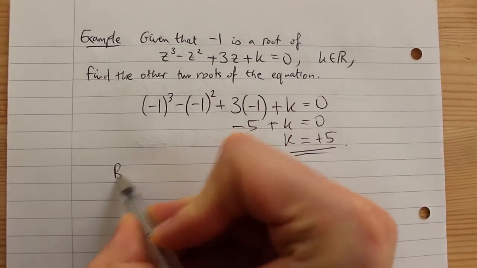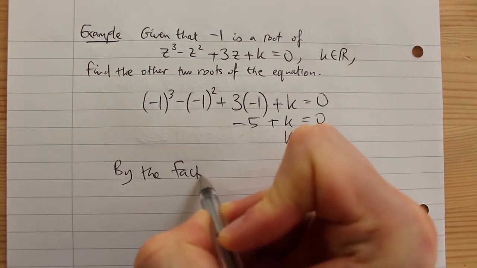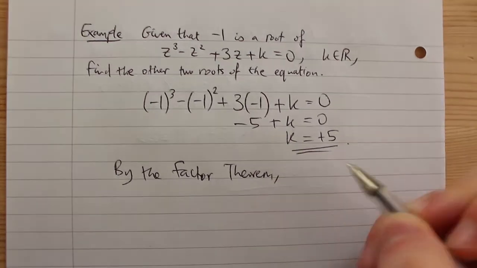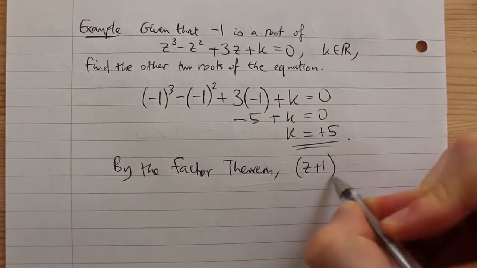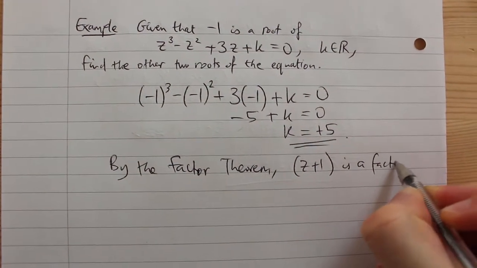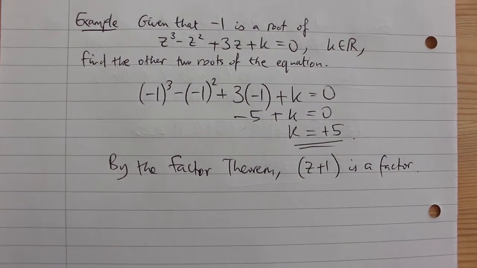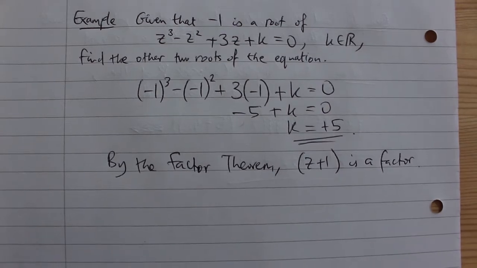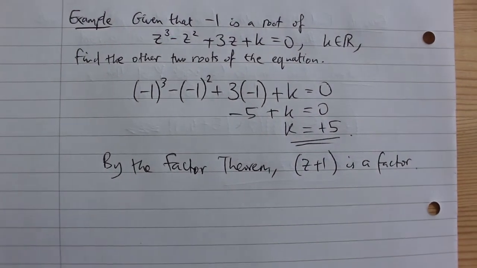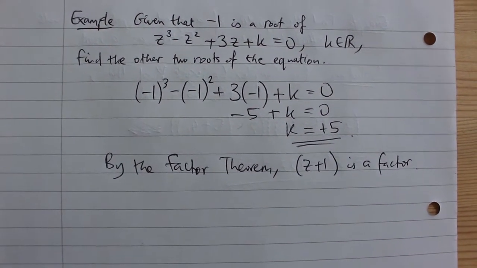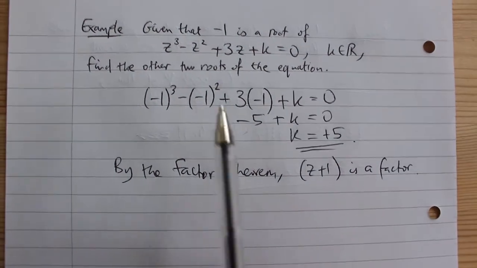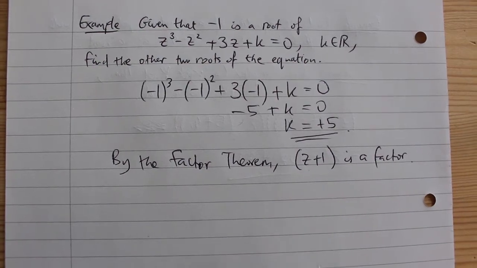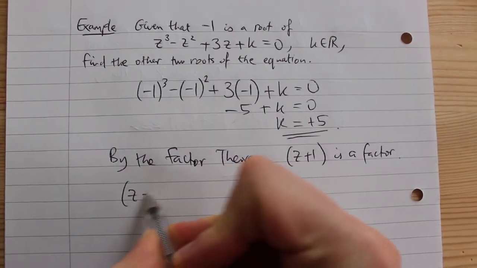Well, by the factor theorem, we know -1 is a root, so z minus -1, or z plus 1, is a factor of this cubic polynomial. So we can now factorize it. To work out the other factor, the quadratic factor, either we can do polynomial long division, this cubic divided by z plus 1, or we can attempt to factorize.